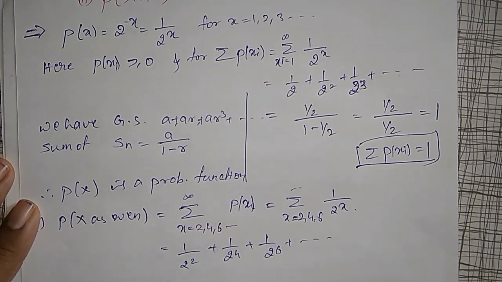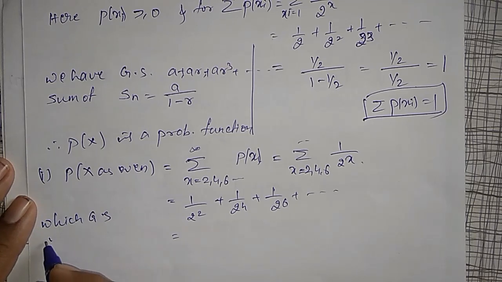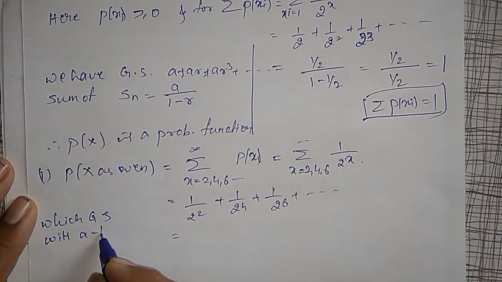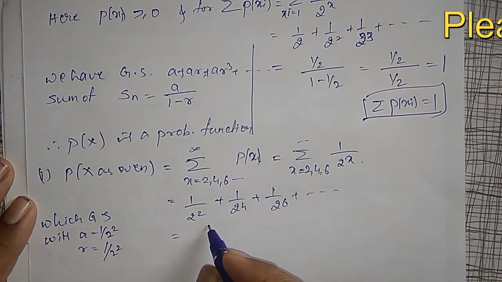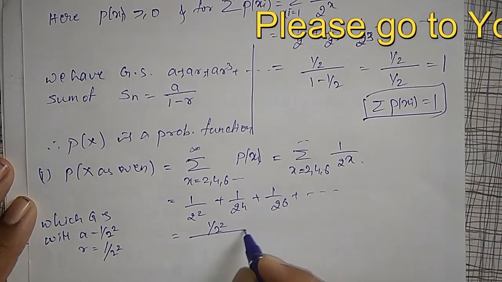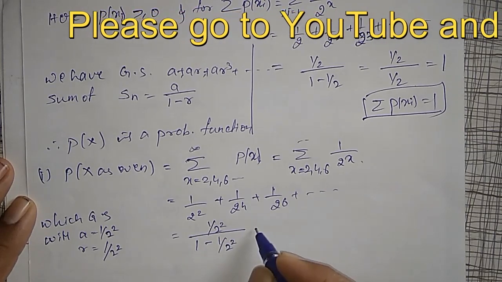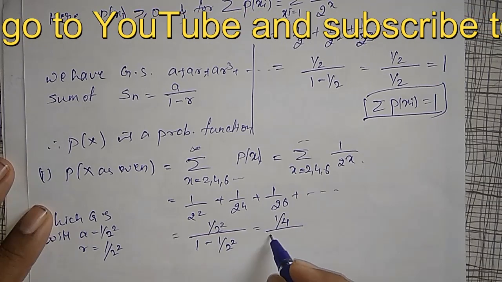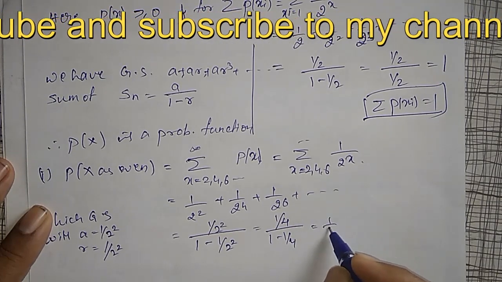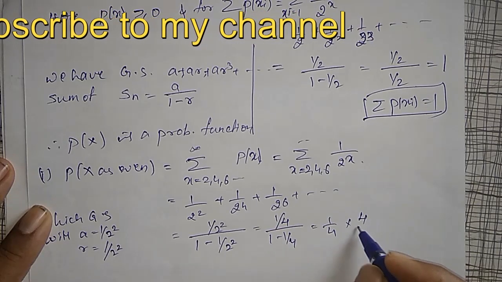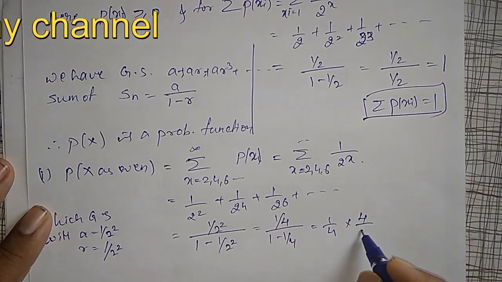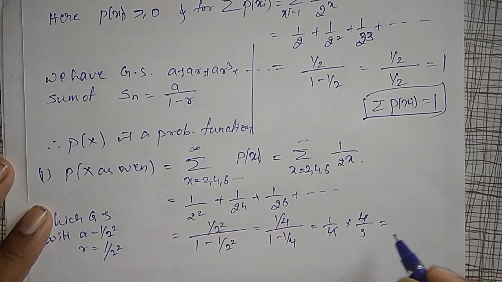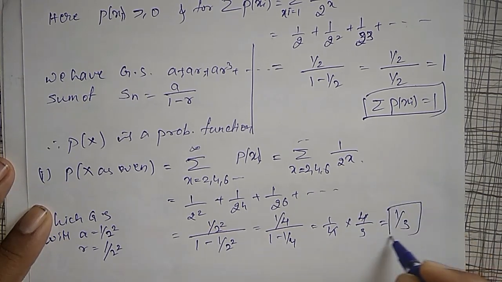This is again a geometric series with a equal to 1 by 2 raised to 2 and r also equal to 1 by 2 raised to 2. That is 1 by 2 raised to 2 divided by 1 minus 1 by 2 raised to 2, which is 1 by 4 divided by 1 minus 1 by 4, that is 1 by 4 divided by 3 by 4. Therefore, its probability is 1 by 3.